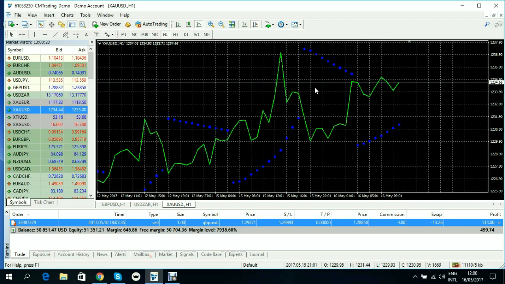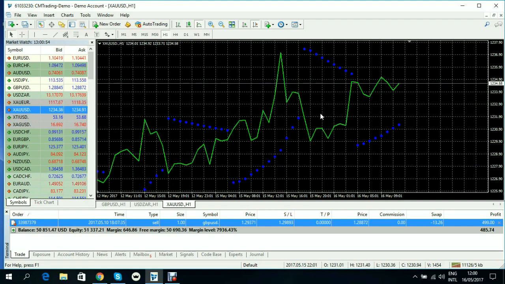This indicator is very easy to understand because it shows only two different things, which are the price going up or the price going down.